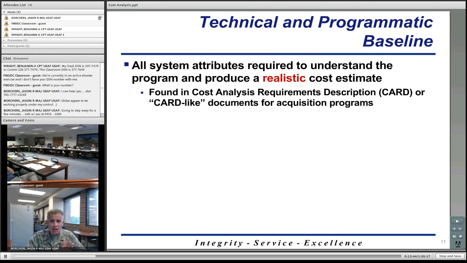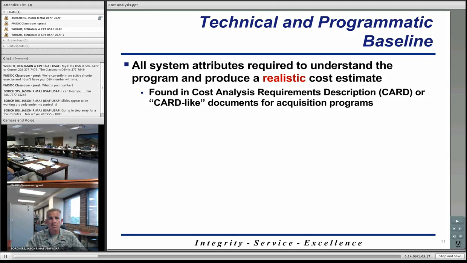It may be found in a CARD, or cost analysis requirements description, or a CARD-like document. Not all programs will have a CARD, so you may just need to find what document they're using to capture their technical and programmatic baseline elements.